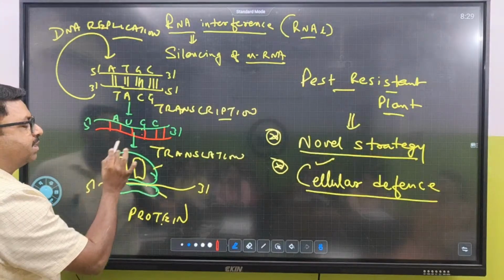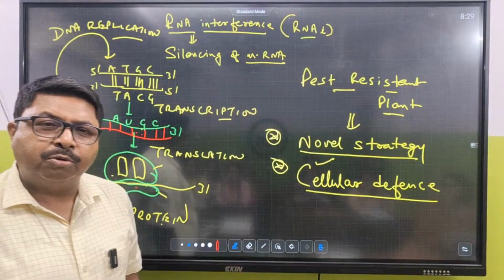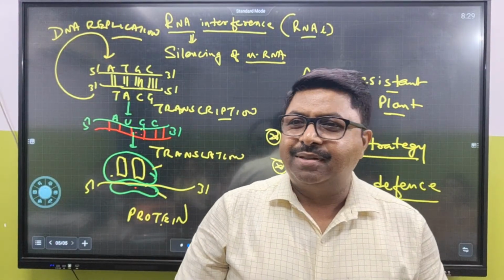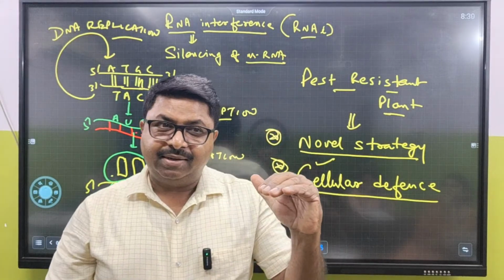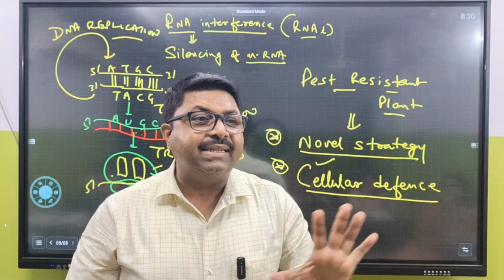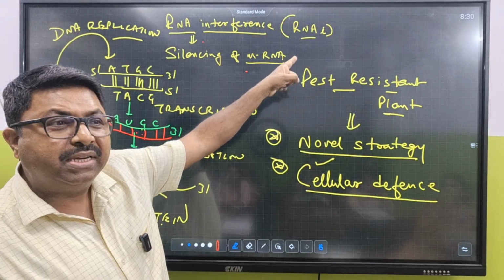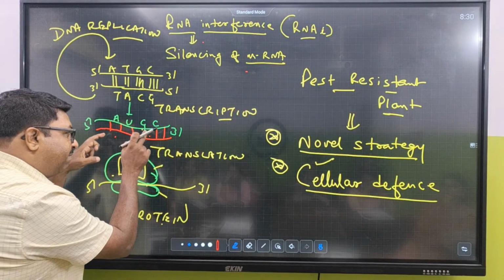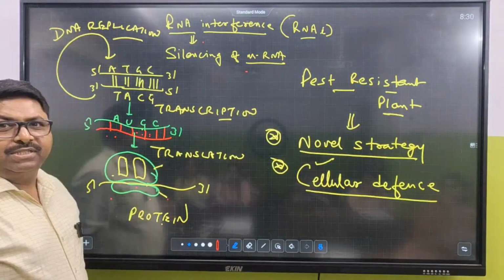If the mRNA becomes double-stranded, do you think it is going to be able to reach the ribosome and make the protein? This is how you are silencing the mRNA. Very basic, huh? We are going to go in depth of it. So what is the meaning of mRNA silencing, or RNA interference? You are interfering with the RNA so that it is never able to reach the kitchen to make the protein. What is the kitchen? Ribosome.